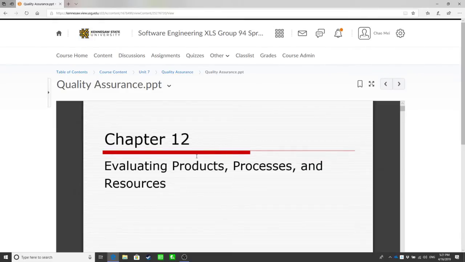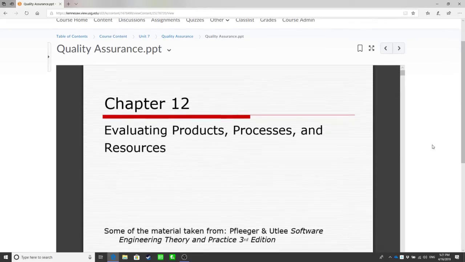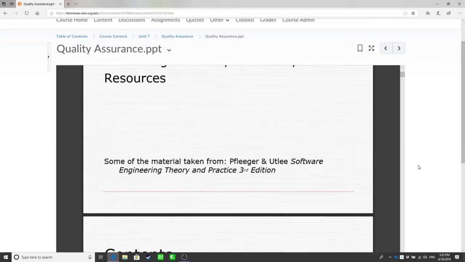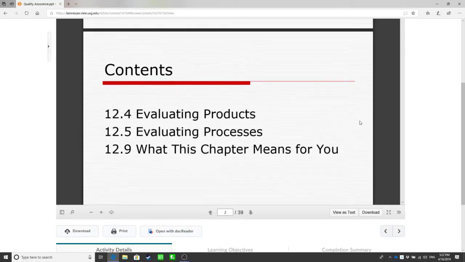Testing is a part of it for sure. QA includes the evaluation of the product and the process and the resources. So it's more about a management issue of the software development team in software engineering. Okay, let's see what is included.